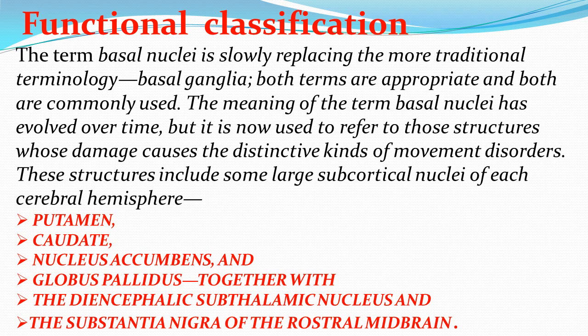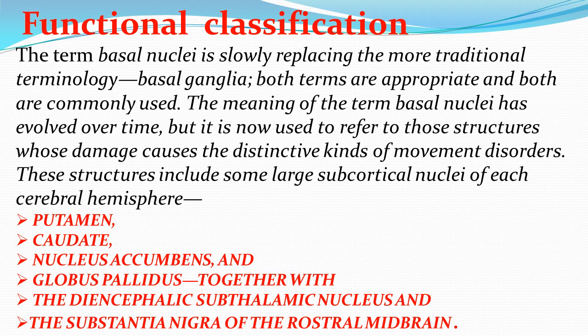I detailed all these, what are nucleus accumbens and putamen and caudate nucleus. Together with the diencephalic nucleus known as subthalamic nucleus and the substantia nigra of the midbrain.